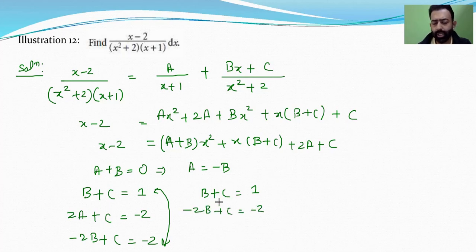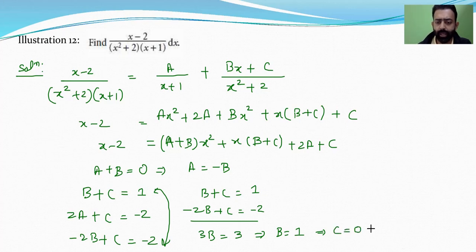Subtracting both the equations, I will get 3b is equal to 3. That means b is 1. If b is 1, that means c is 0. Okay, I'm getting c as 0, we will check, and then I have a, which is minus b, so a is minus 1.